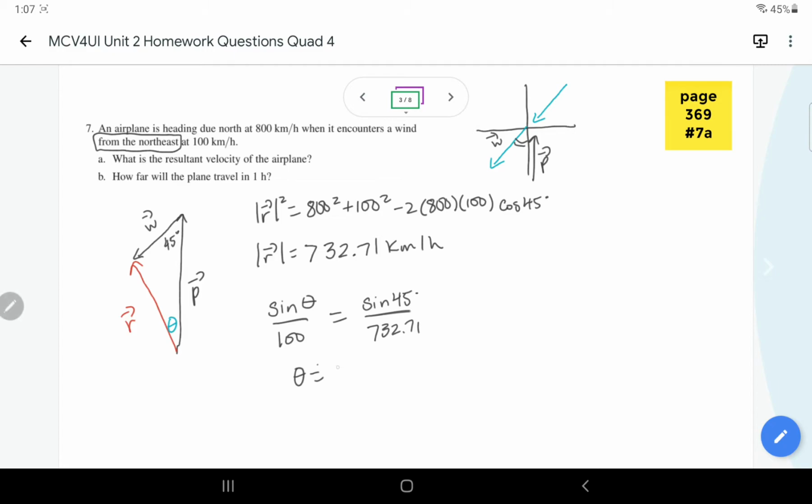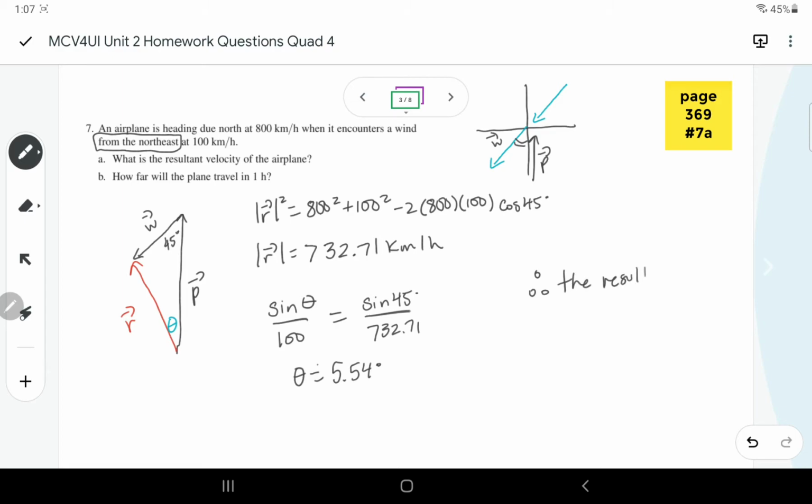Here I get that this angle is really little, 5.54 degrees. Writing a summary statement: therefore the resultant velocity is 732.71 kilometers per hour, and my direction will be north 5.54 degrees west.